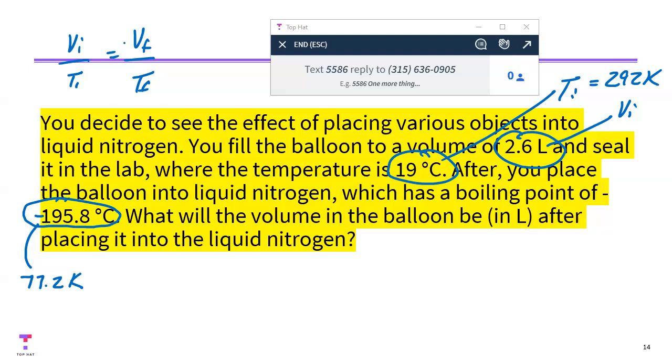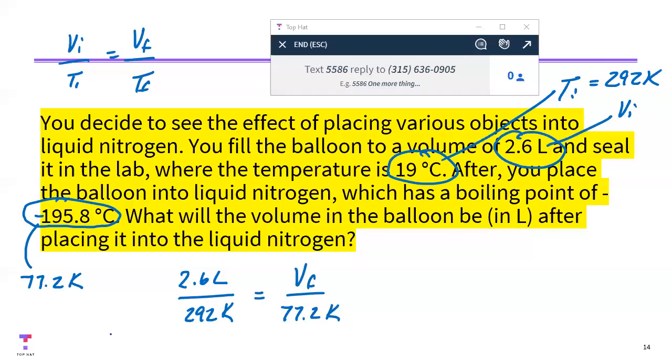Plugging those into this equation, my initial volume was 2.6 liters. My initial temperature was 292 Kelvin. I don't know what my final volume is. That's what I'm trying to figure out. But we're getting it all the way down to 77.2 Kelvin.